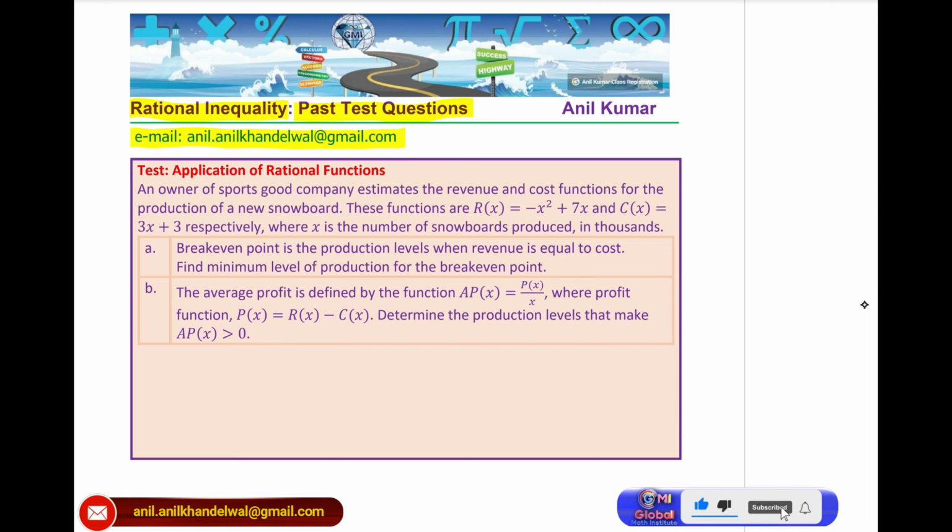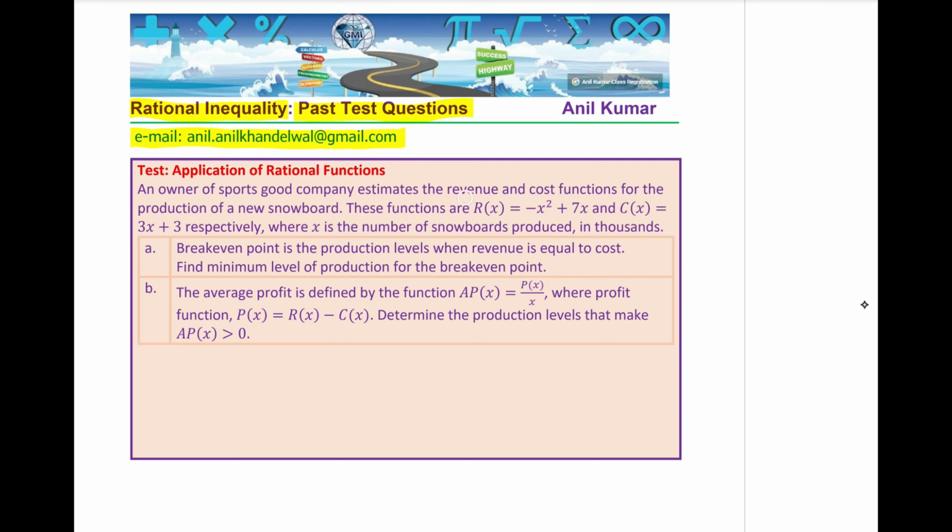The question here is: an owner of a sports goods company estimates the revenue and cost functions for the production of a new snowboard. These functions are R of x equals minus x square plus 7x and C of x equals 3x plus 3 respectively, where x is the number of snowboards produced in thousands.